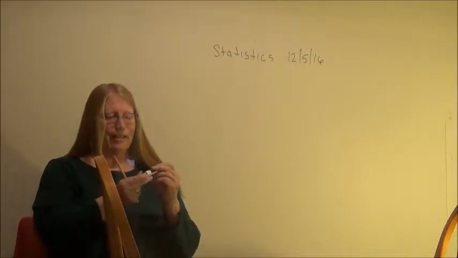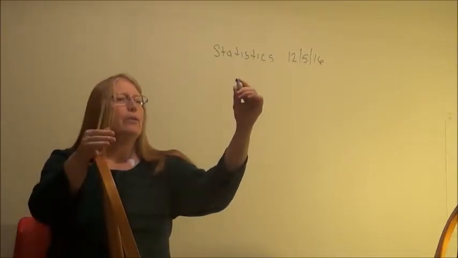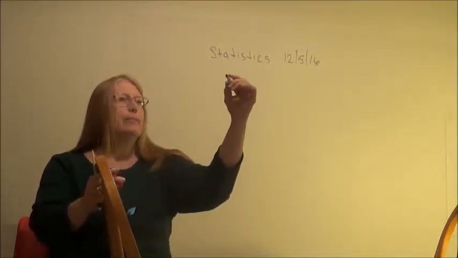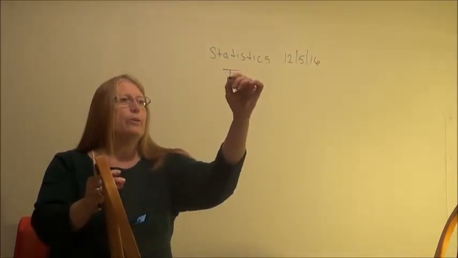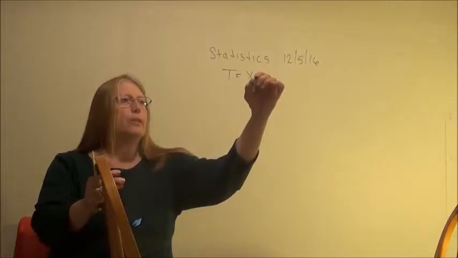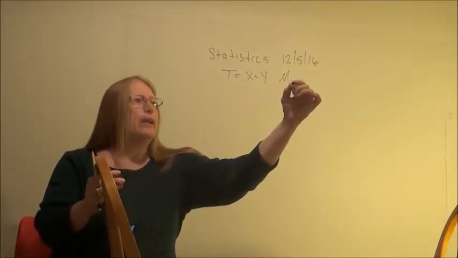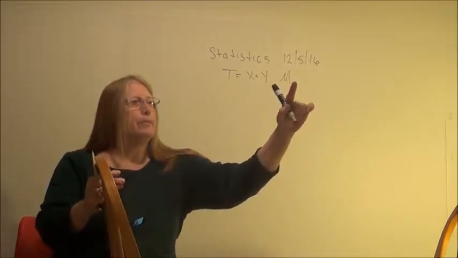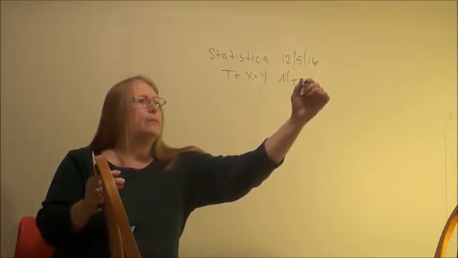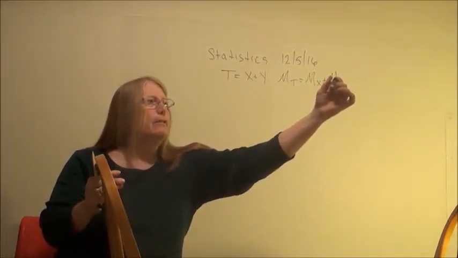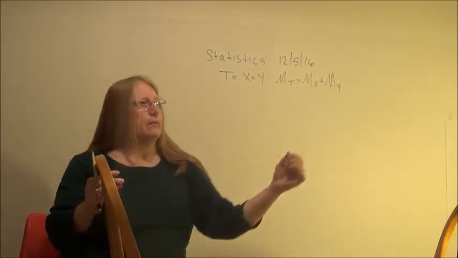We learned there that if you were taking two random variables and adding them together, we would say the total is x plus y. And we learned that the expected value of the total would be the expected value of the x random variable plus the expected value of the y random variable.